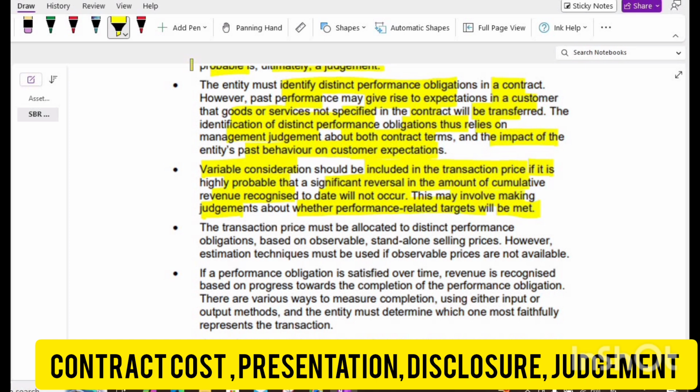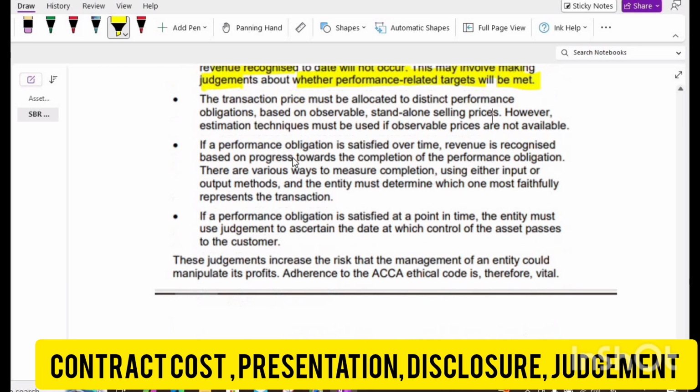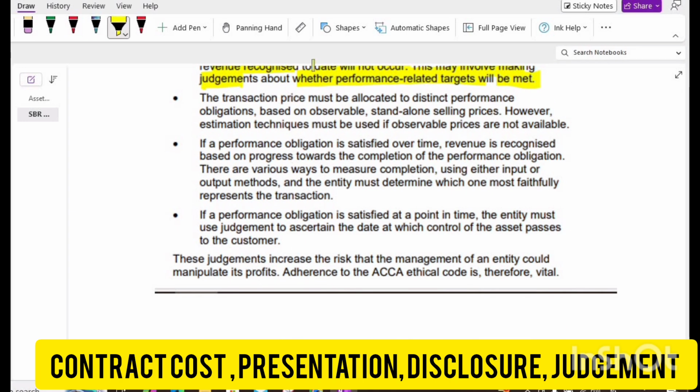So the judgment here involves predicting whether the performance target will be met or not. Clear?